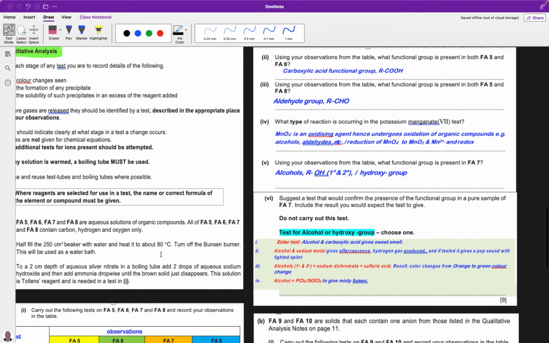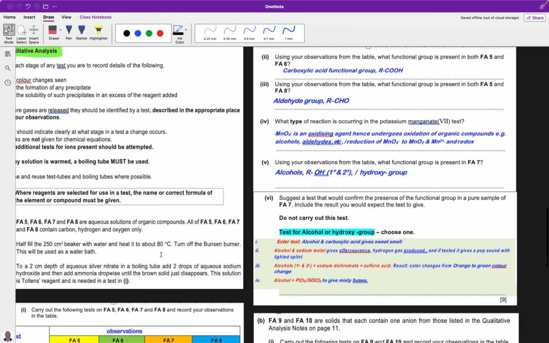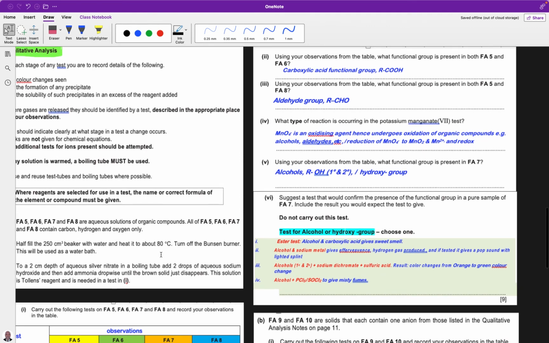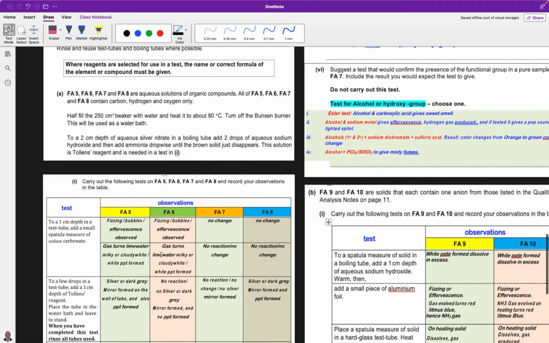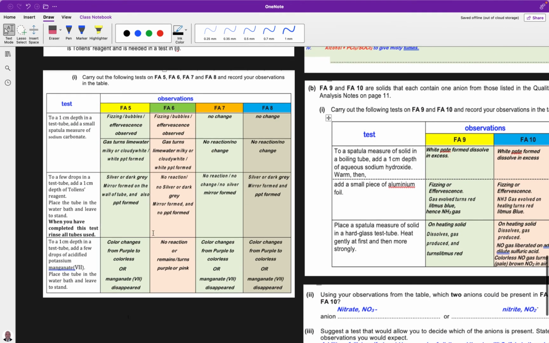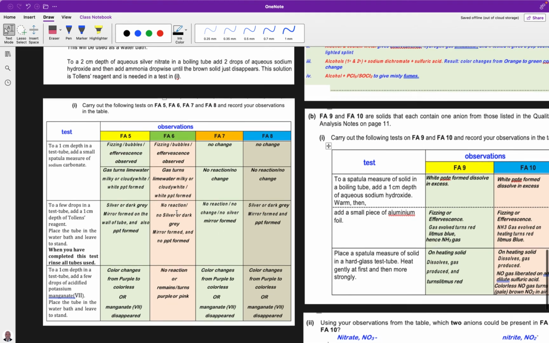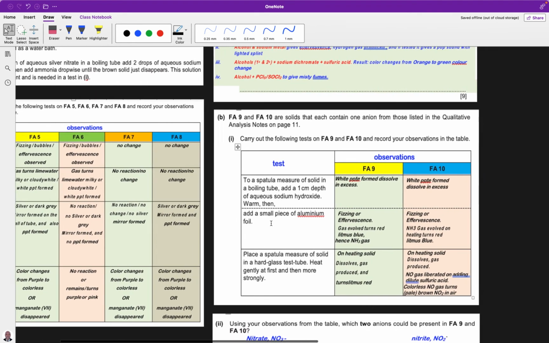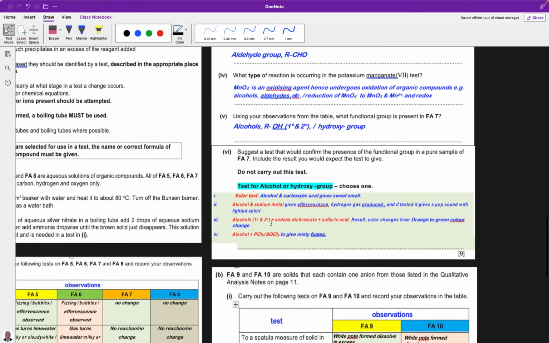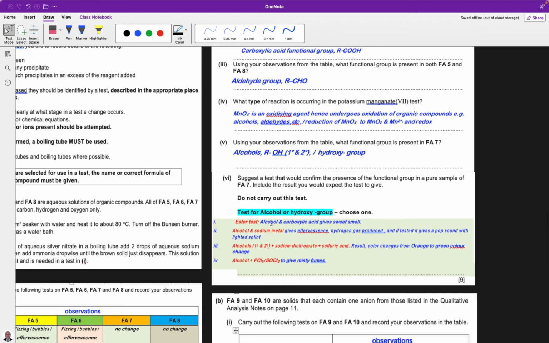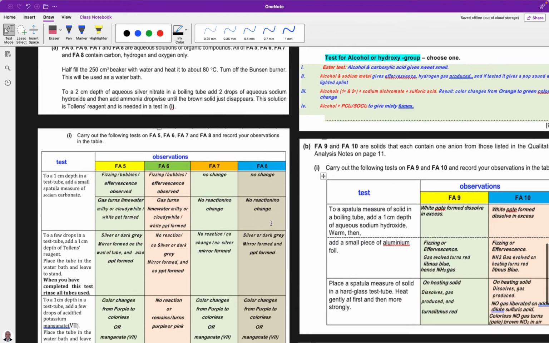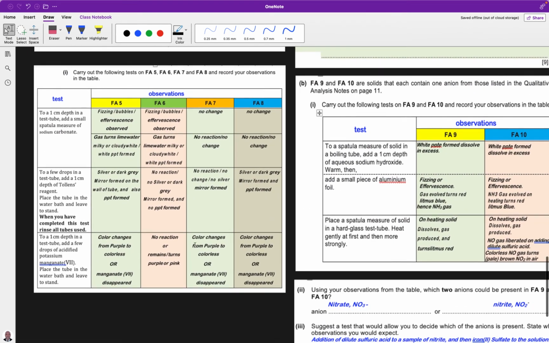Then, using your observation from the table, go back to FA5 and FA8, sorry, FA5 and FA8.